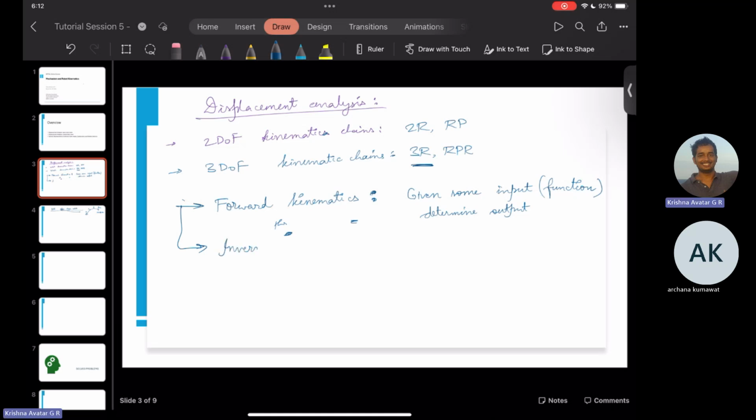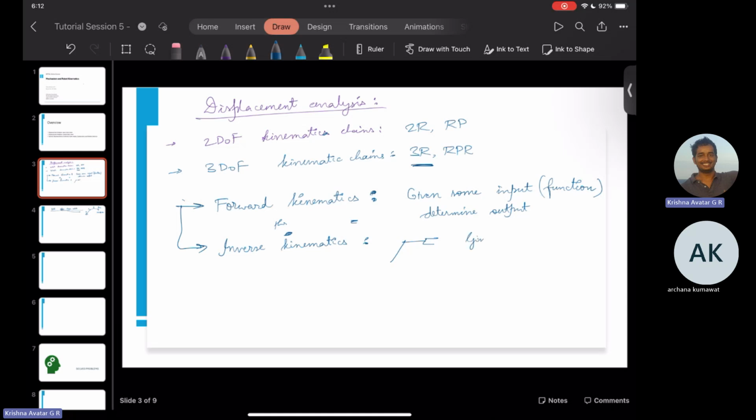And inverse kinematics, as the phrase says, is inverse, in that we prescribe where our end effector will be, say this end effector has to be in a certain configuration.